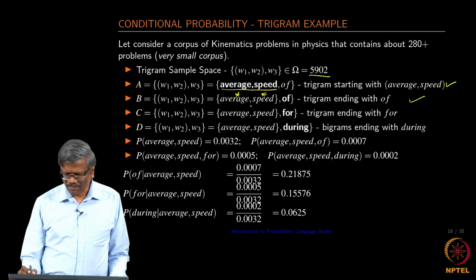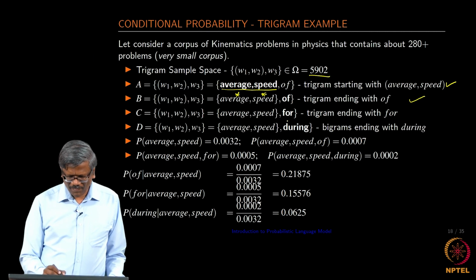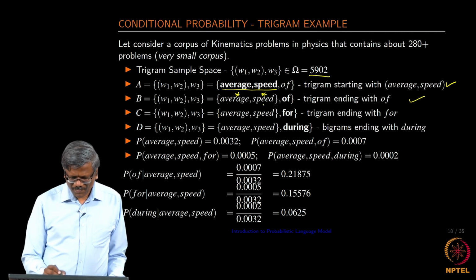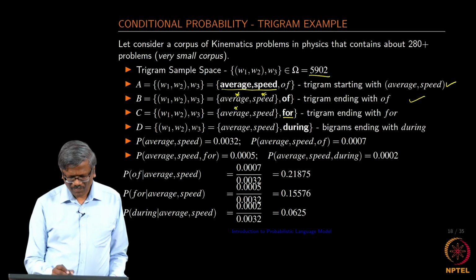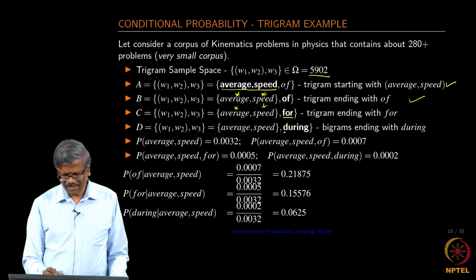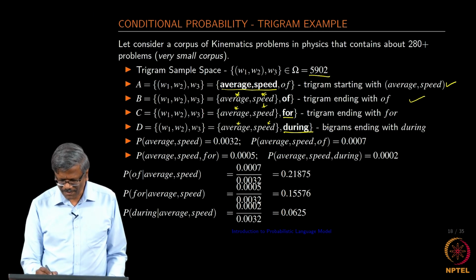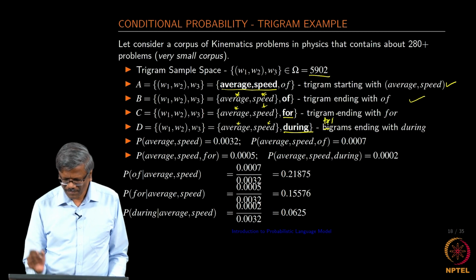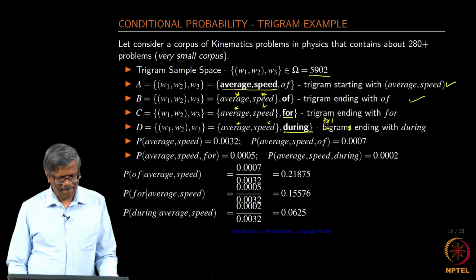Again, we are going to find the word for, the same operation. Again, I am doing the same operation. So, now we have about 4 sets. This is a trigram ending with during. Okay.